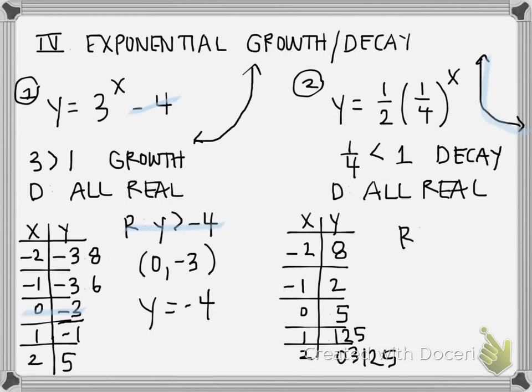So my range here is going to be y is going to be greater than 0. My intercept, we always find it, is going to be (0, 0.5). And then my asymptote here is going to be y equals 0. So a decay, as your x value increases, you flatten out. A growth, as your x value increases, you're growing, so you're flattening out as your x values get negative. Okay, so that's what's important there for your exponential growth and decay.